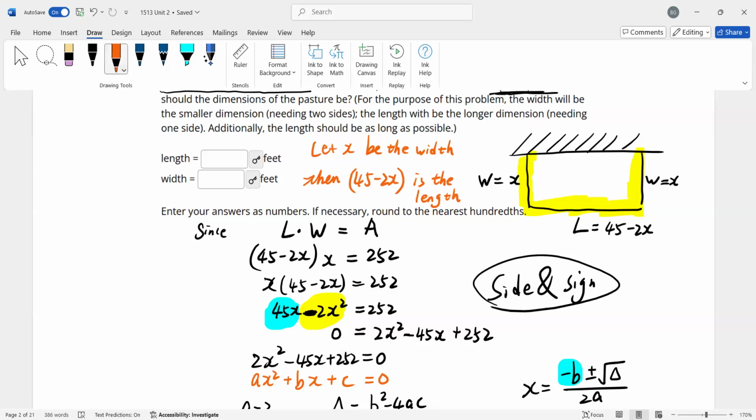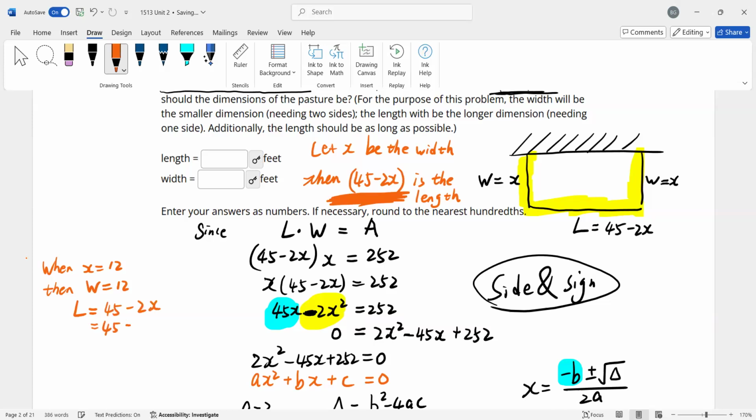Two cases, right? When x equals 12, that's the first solution we got, then the width is 12. And the length is 45 minus 2x.